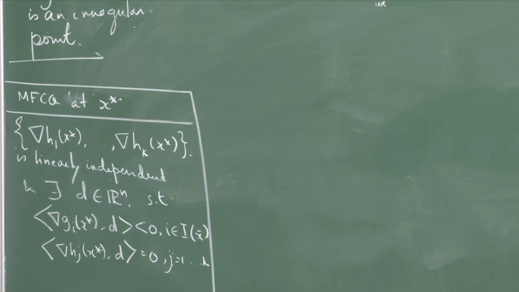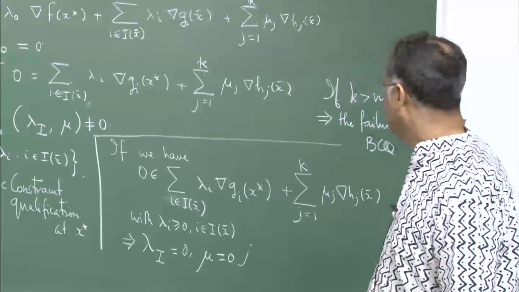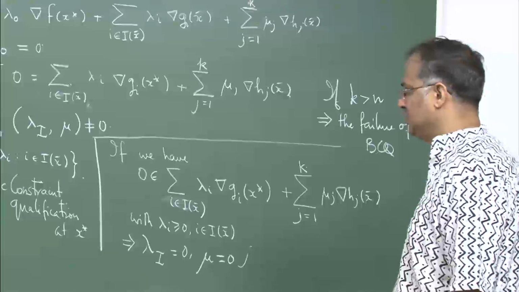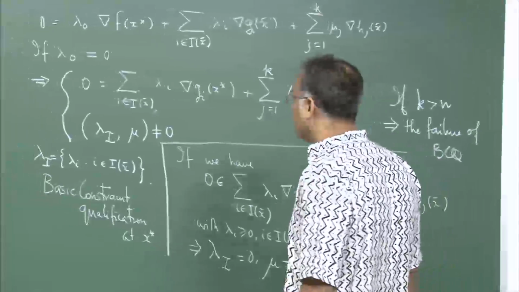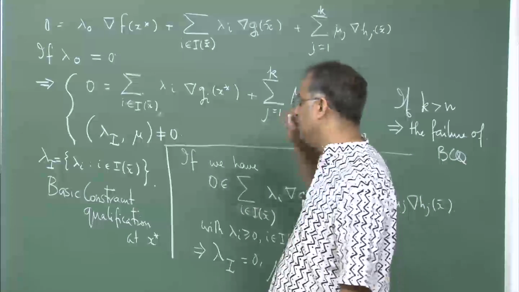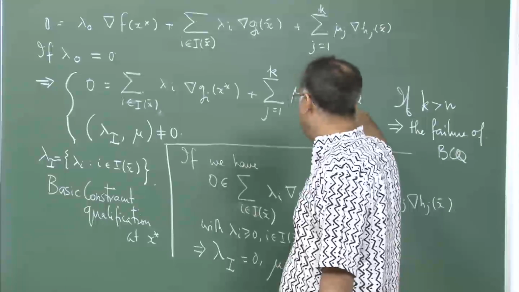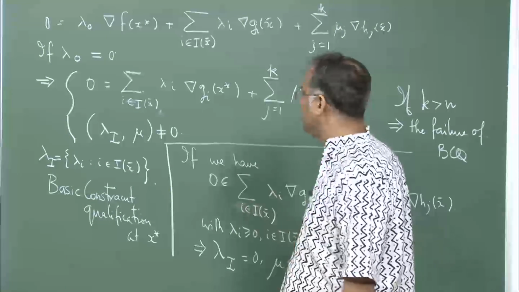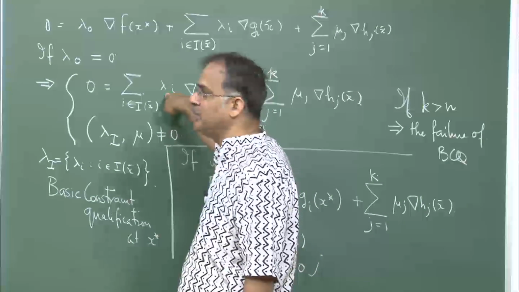Now, let us assume that the MFCQ is true. MFCQ is true means, if this is linearly independent, then all the lambda i's here cannot be 0.